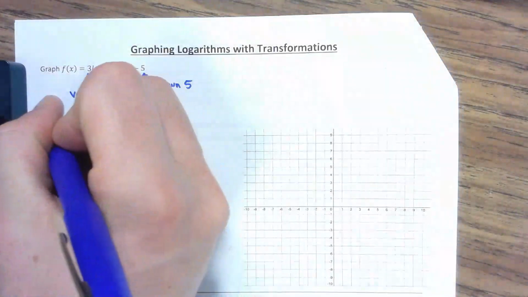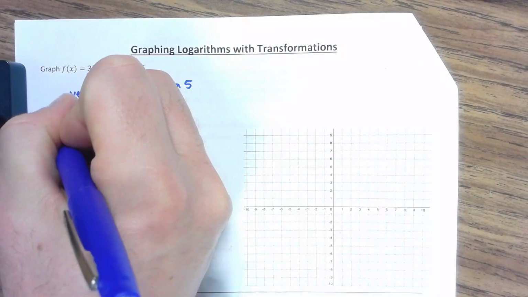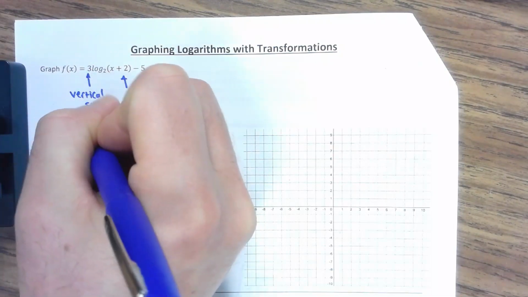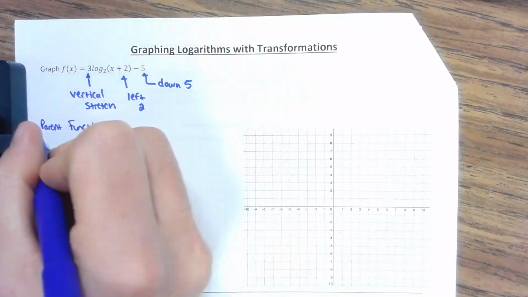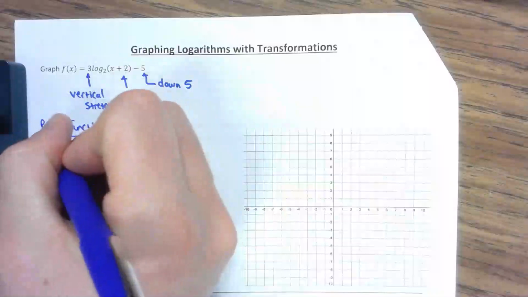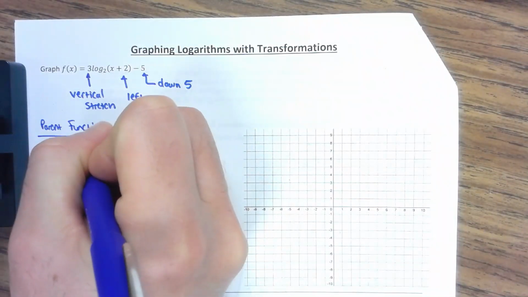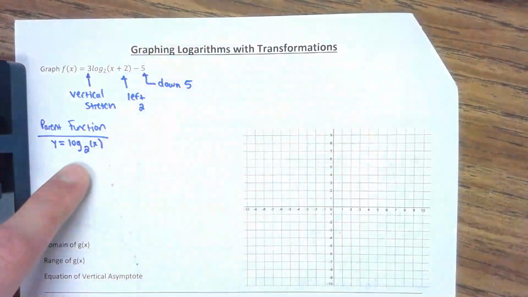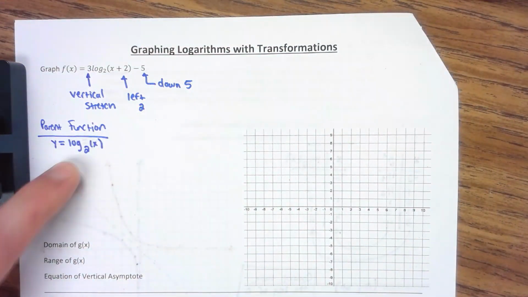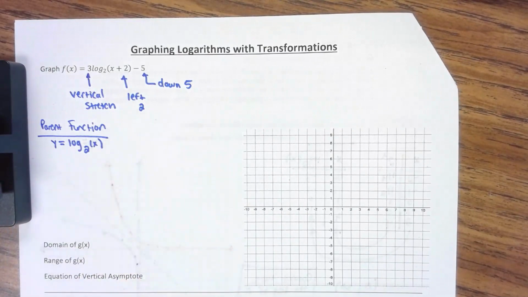The parent function here is the most basic of this log equation. So the base will stay the same, and then it's just of x. So the parent function is y equals log base 2 of x. We're still going to graph this, and after graphing this, we will then apply all these transformations to that graph.